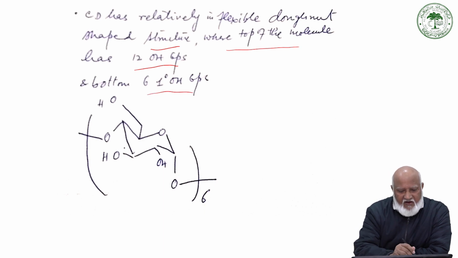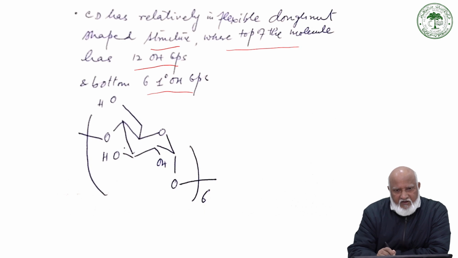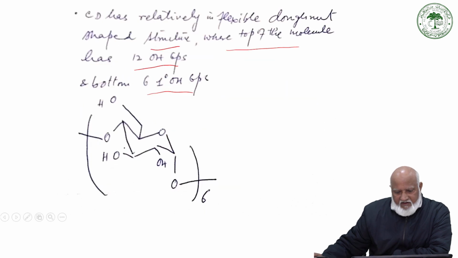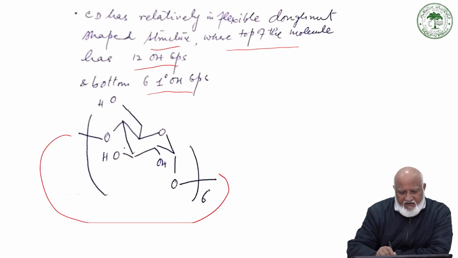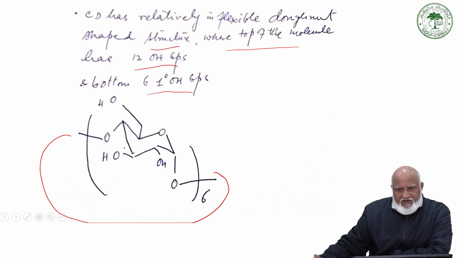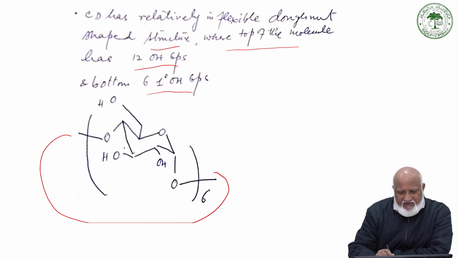So this is the amylose moiety showing, and then it can connect to another 6 moieties and form a circular structure. This shows that 6 molecules can connect through this end as well as this end.